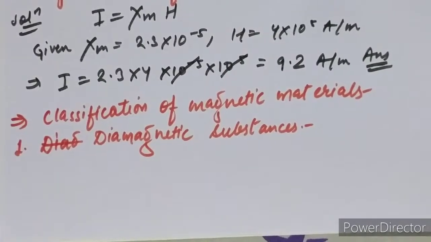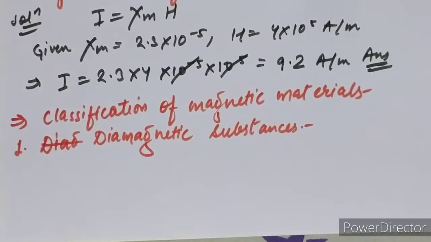As in our yesterday's video, we studied a small definition of diamagnetism: very weakly repelled by the magnetic field is a diamagnetic material.